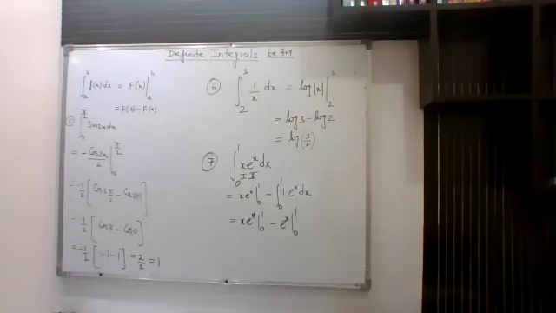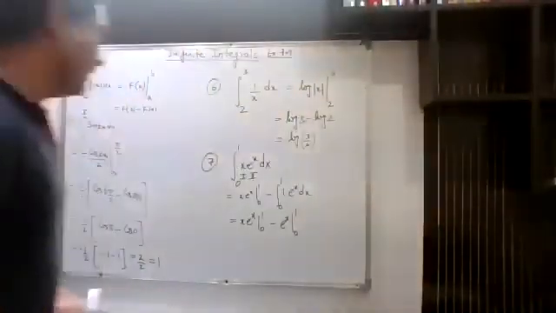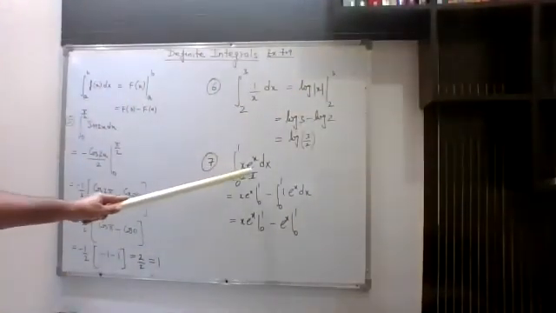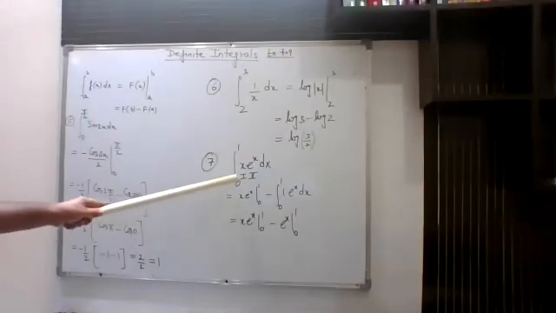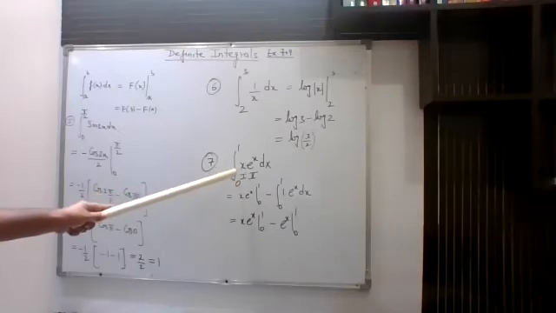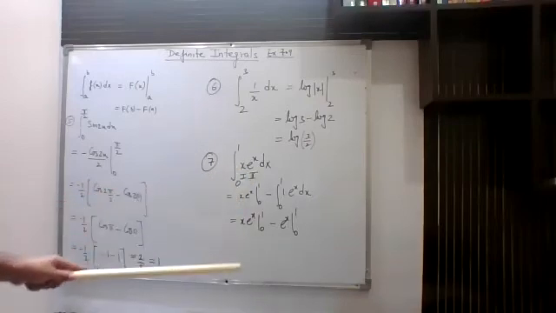So here we are applying integration by parts in this number 7. What exactly we had done? We can see that this is the first function, this is the second function. So we have to apply integration by parts. First of all, we decided which one is first and which one is second by using the ILATE rule. So exponential will be treated as second, algebraic will be treated as the first function.